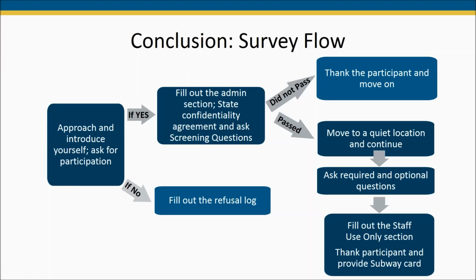If the respondent did not pass the screening questions, then you thank the participant and move on. But if the participant passed, then you can move to a quiet location and continue the survey. You ask required and optional questions, and at the end, you fill out the staff use only section, thank the participant and provide the Subway gift card.